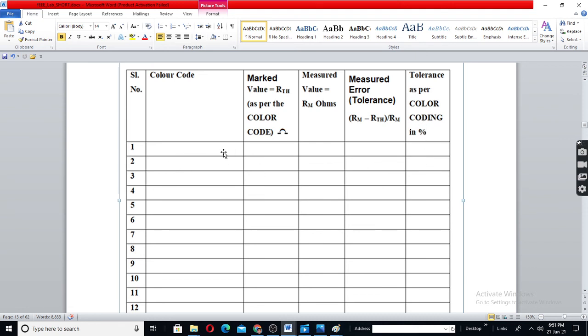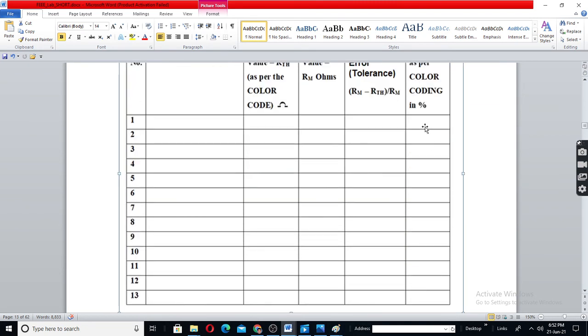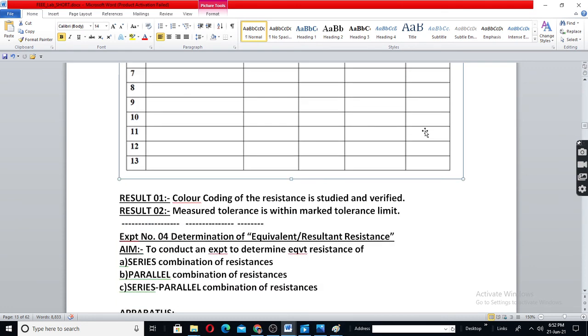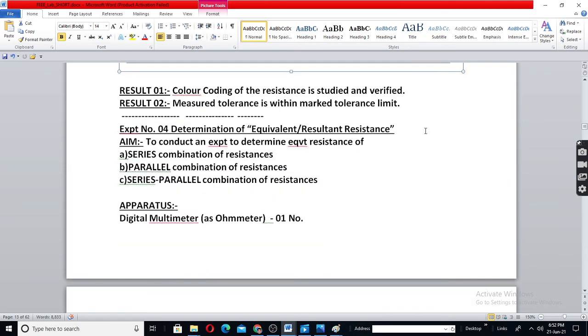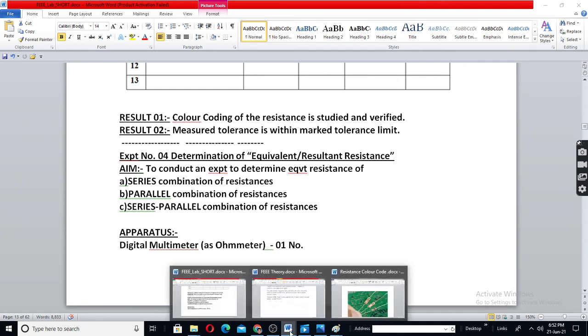Say if it is silver, write here 10%. Make sure that this value is lesser than this value. Okay. So this is what it says.